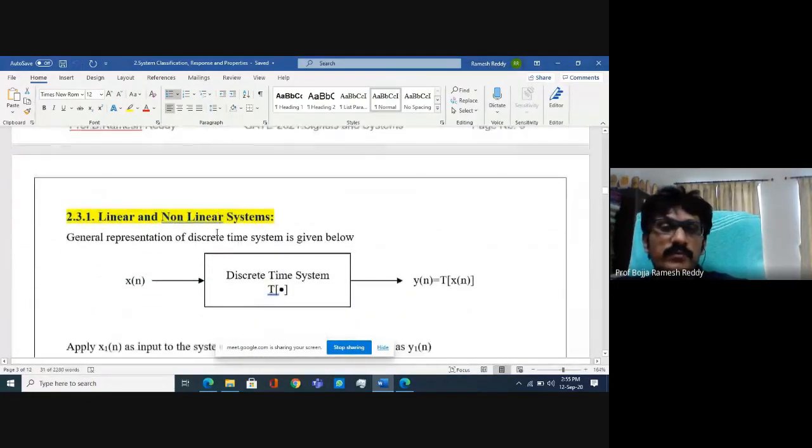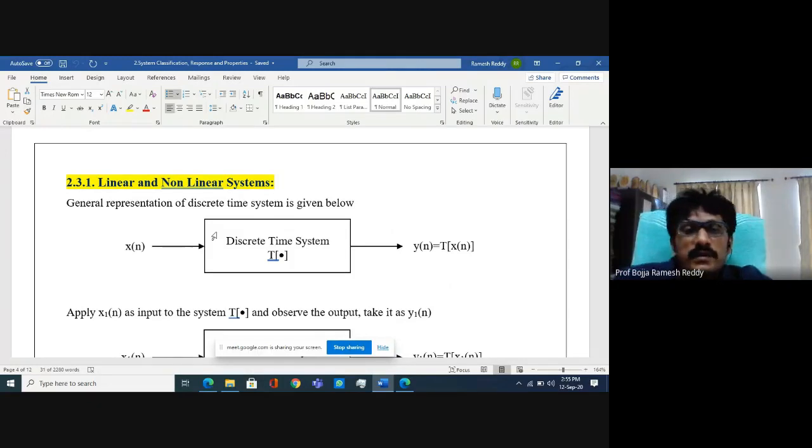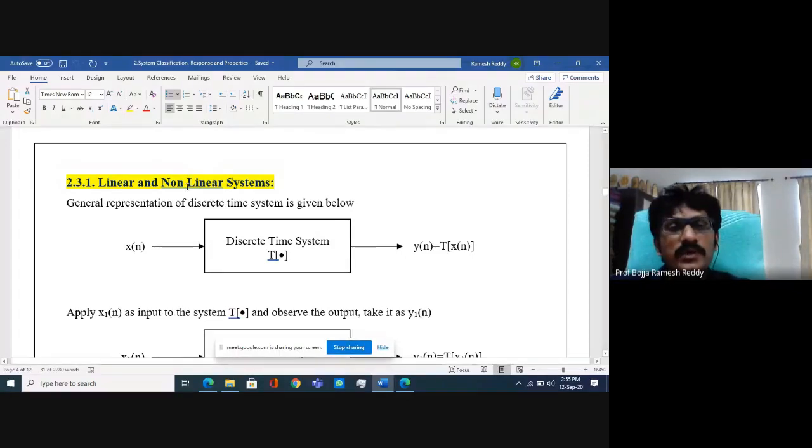Now we will see them one by one. First one is the linear property. Linearity, all of you know from equations in mathematics also. We have linear equations and non-linear equations, like y is equal to mx plus c or ax plus by plus c is equal to 0, which is a linear equation, while circle, parabolic or hyperbola forms come under non-linear. Now coming to systems, we have to design a good system.